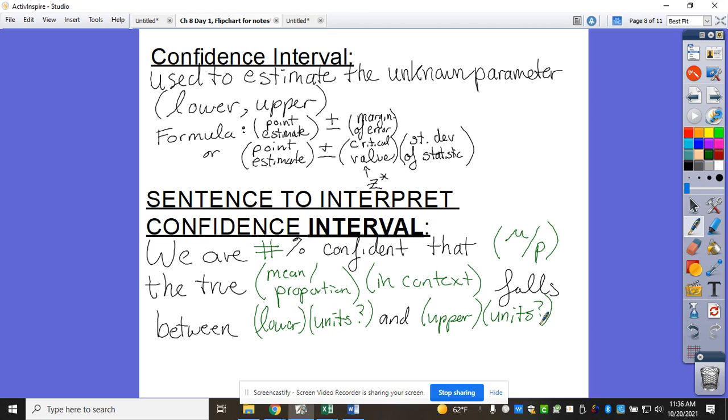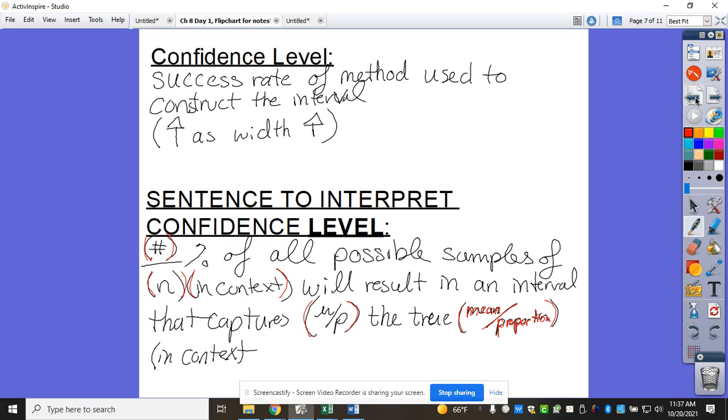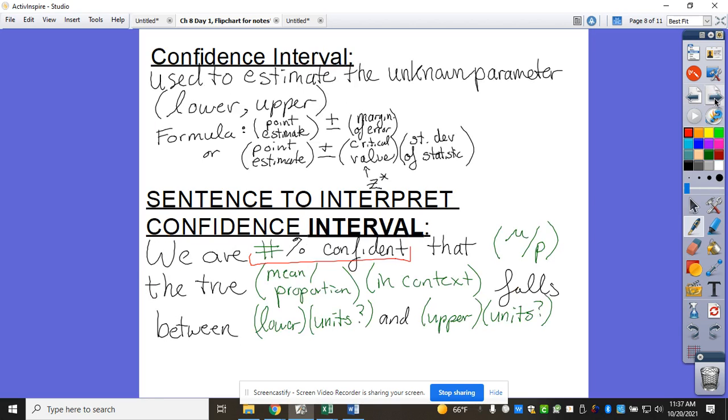So this is the part that people get confused with, me saying we are blank percent confident. This part right here is essentially saying, side note, asterisk, reference what confidence level means. And that's kind of the way you think about it, because I'm not saying that my one lower, upper that I just made is 95% sure to be the right thing.